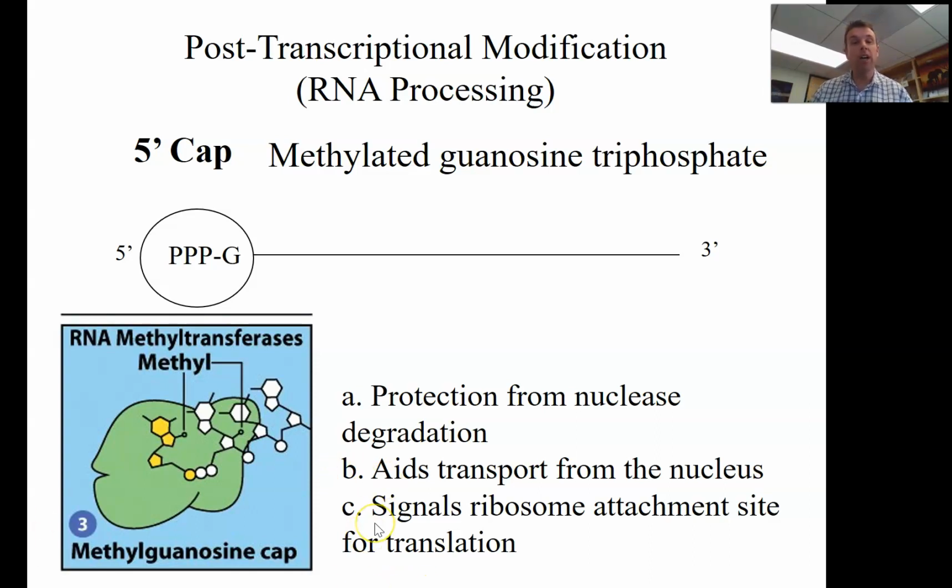And it also helps signal the ribosome to attach for translation. So there are basically three main purposes of the 5' cap: protection, transport from the nucleus, and ribosome attachment for translation.